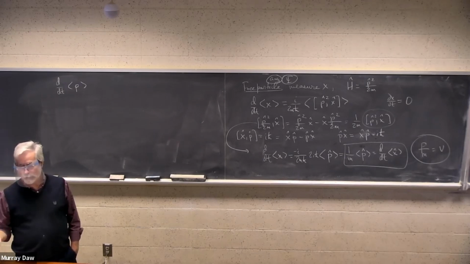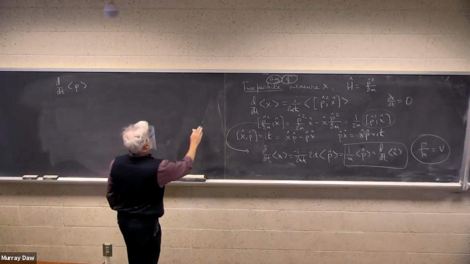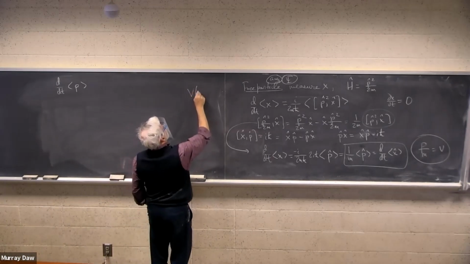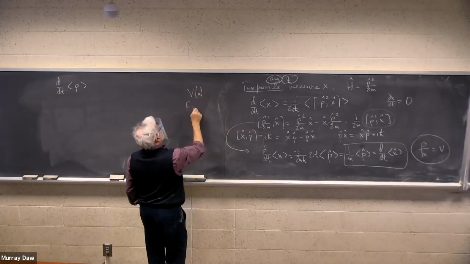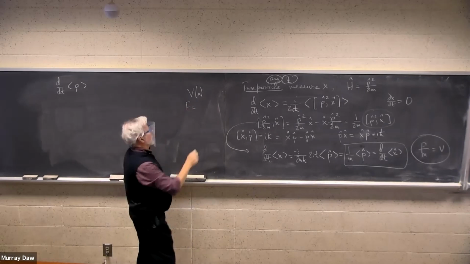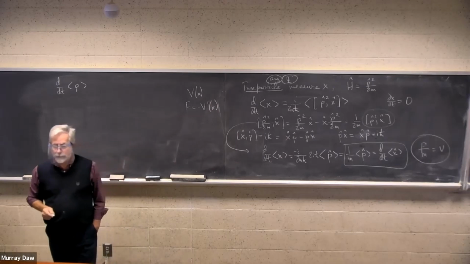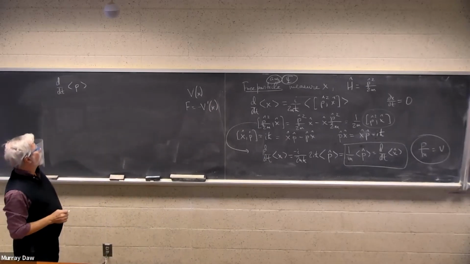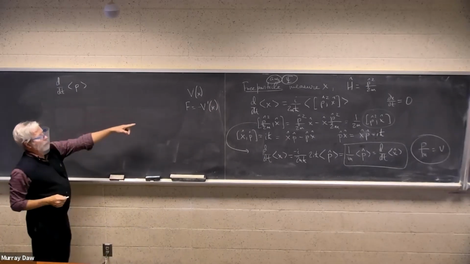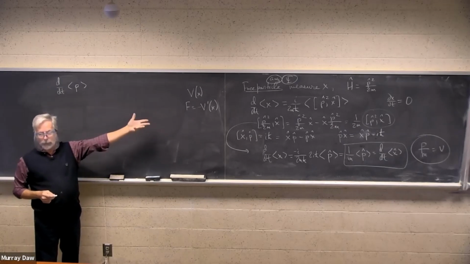What's the force? If I know V of x, how do I get the force? Well, if it's a conservative force, it'll be negative, right? We're only talking about conservative forces. So I should get something like an average of V prime, the average force.